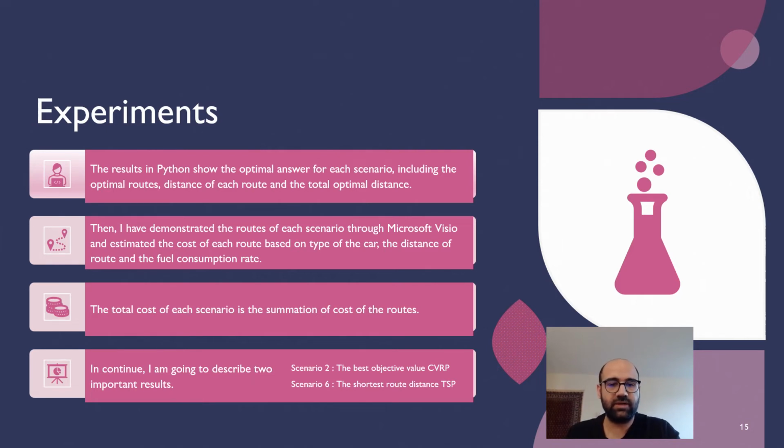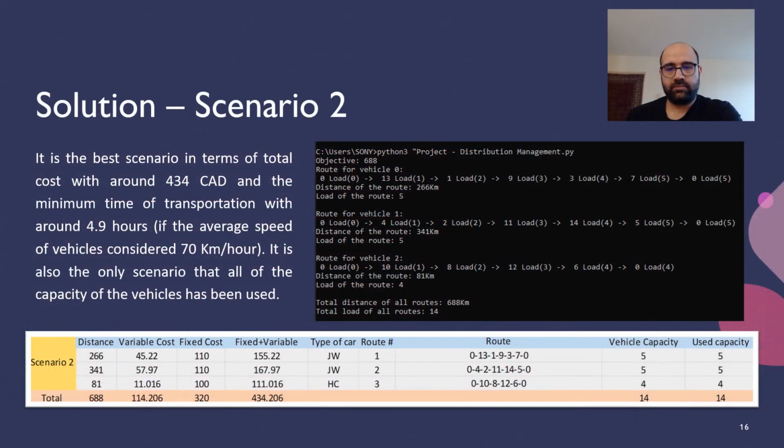It includes the optimal routes, the distances, and the total optimal distance. Scenario number 2 is the best answer of this problem with around 434 Canadian dollars, and the minimum time of transportation is around 4.9 hours, considering the average speed to be 70 kilometers per hour.